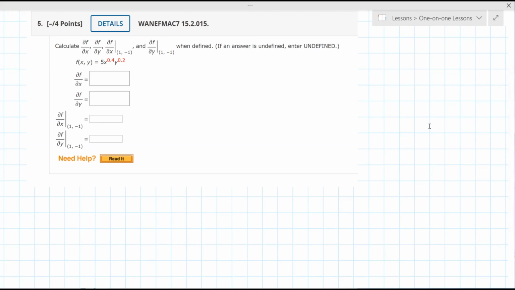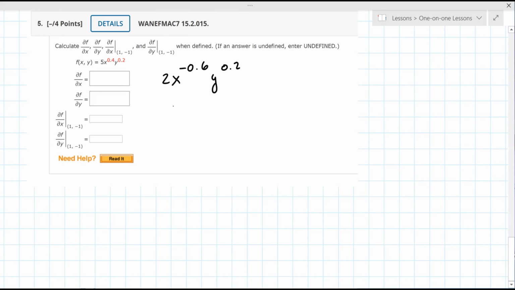So the 2x to the negative 0.6, and then you just keep y. If you want to actually multiply, yeah. The first one is 2x to the minus 0.6 y to the 0.2 power. And the next one is 5x to the 0.4 and 0.2y to the negative 0.8. Yes.